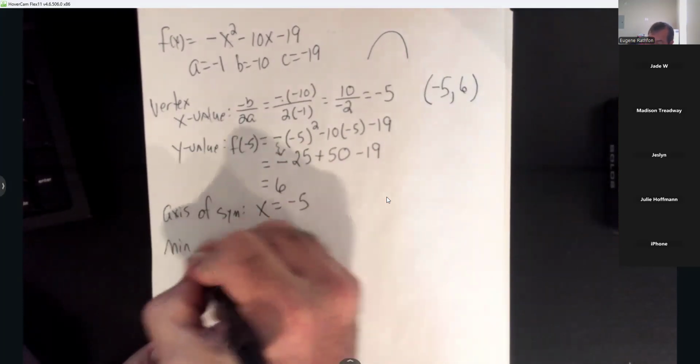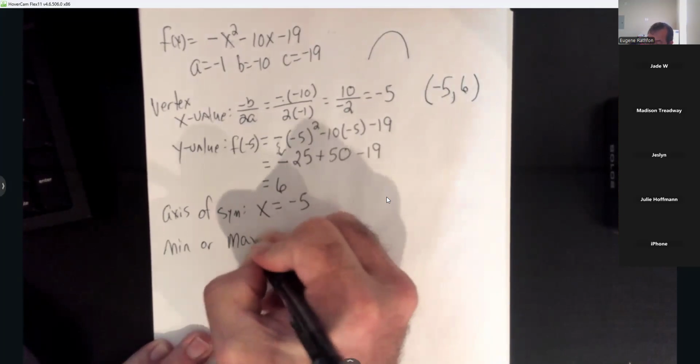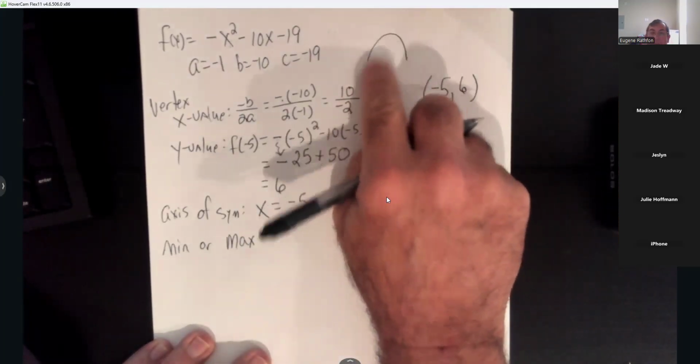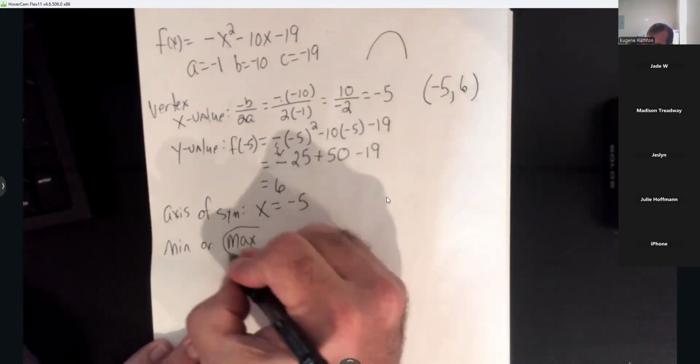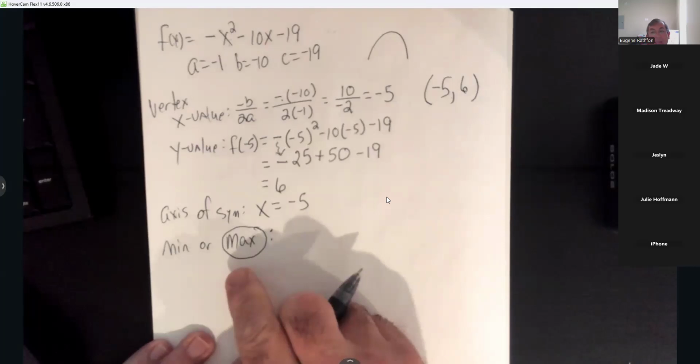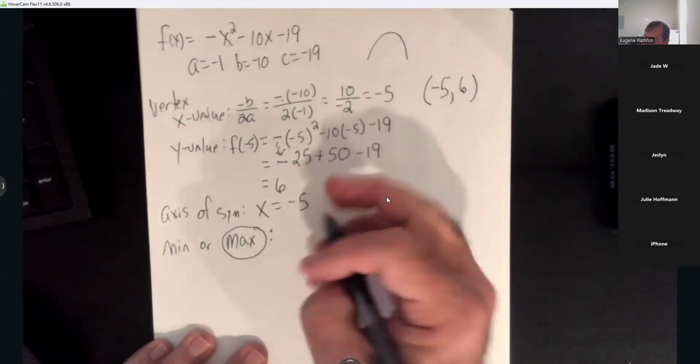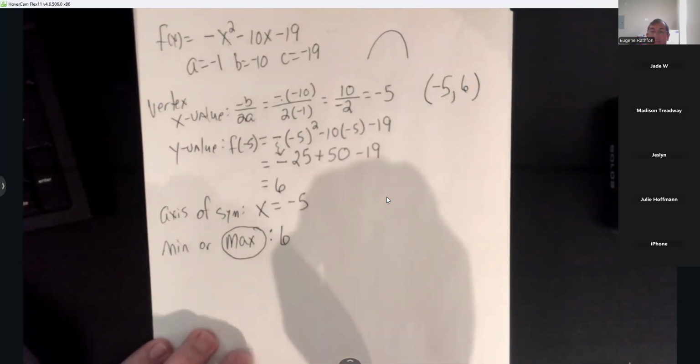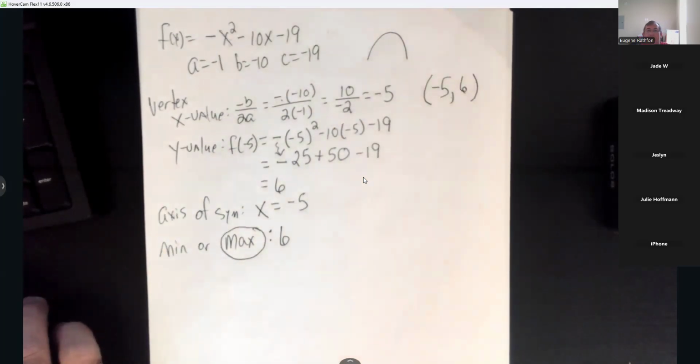Then it wants to know min or max. Well, we said it flipped it upside down and made that a max. And the max value is equal to the y value of 6. All right, so remember, we only need apparently one more point on this.